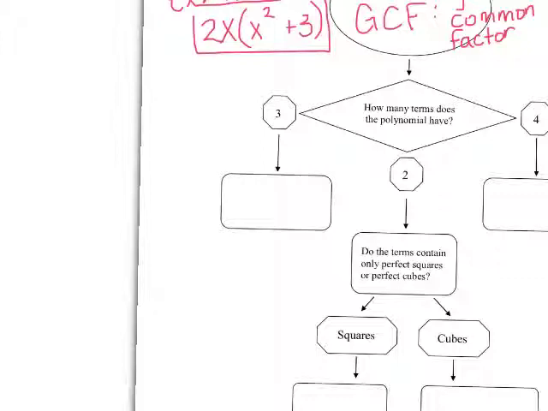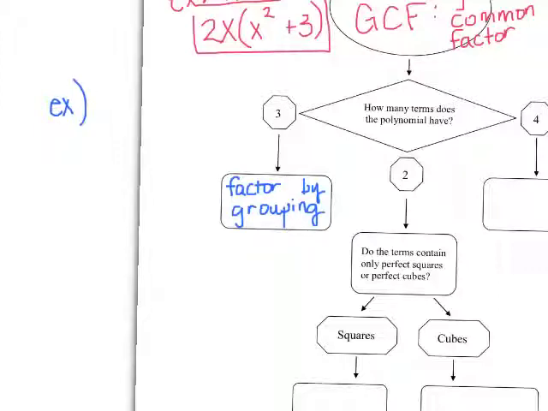So if it has 3 terms, the step that we're going to call this is called factor by grouping. So factor by grouping. So my example here, we will do an example here.